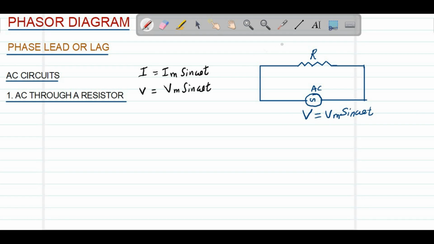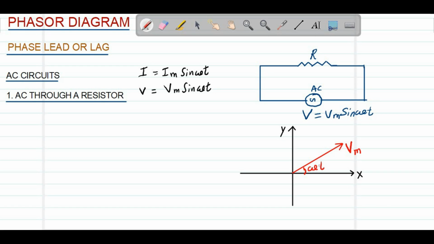If I represent that voltage on a phasor, I can draw a phasor here. Suppose this is the phasor of voltage produced by the generator. Suppose this is the peak voltage produced by the generator, that is Vm, and omega t is the phase. Omega t means the theta angle between the direction of the magnetic field and the normal drawn to the plane of the armature coil.